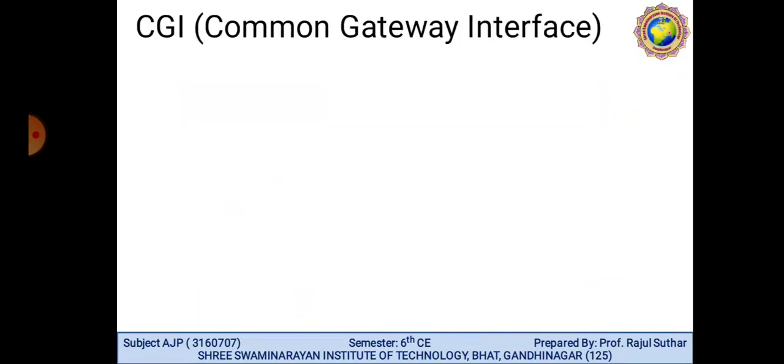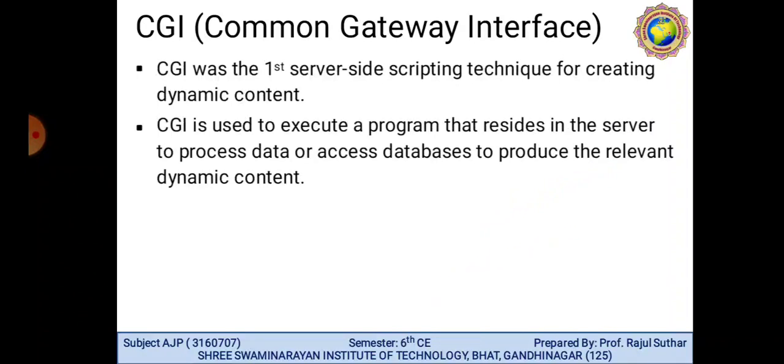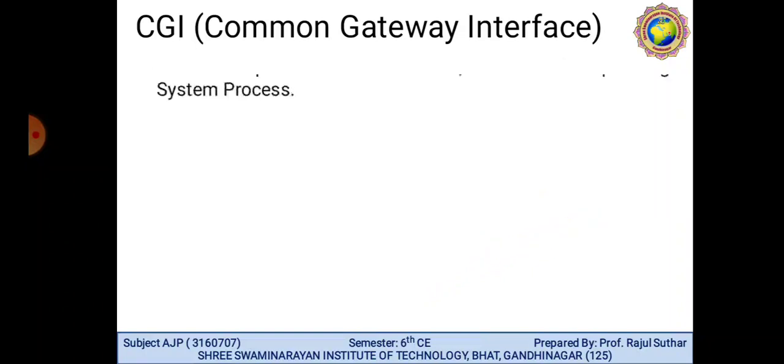What do you mean by CGI, Common Gateway Interface? Common Gateway Interface was the first server-side scripting language, a technique for creating dynamic content. CGI is used to execute programs that reside in the server to process the data or access the database to produce the relevant dynamic content.